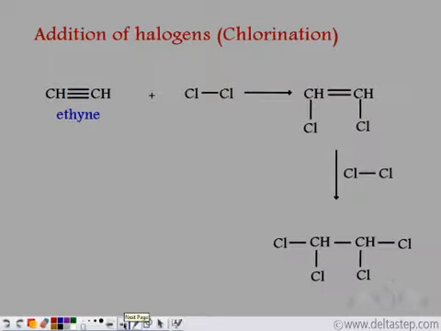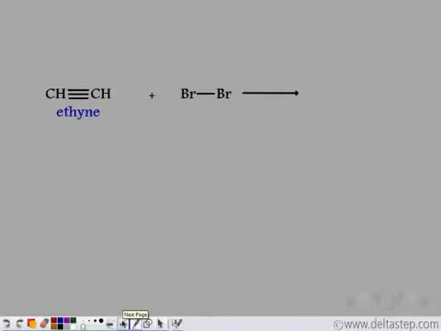So from the unsaturated alkyne, when we get the saturated product, it happens in two steps. From the alkyne, we first change it into an alkene. That is, the triple bond first breaks into the double bond, and then the double bond breaks into the single bond. Let's take another example. This time ethyne is reacting with bromine. This also happens in two steps. First, the triple bond is converted into a double bond.